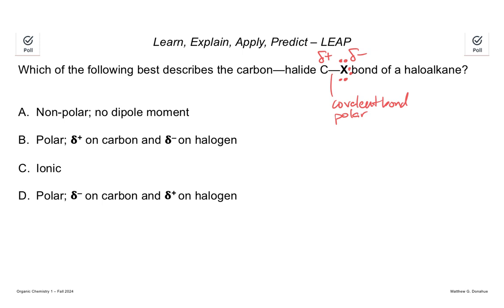The delta plus is what is indicating to you that that carbon wants to accept electrons from the nucleophile. So we would say B.